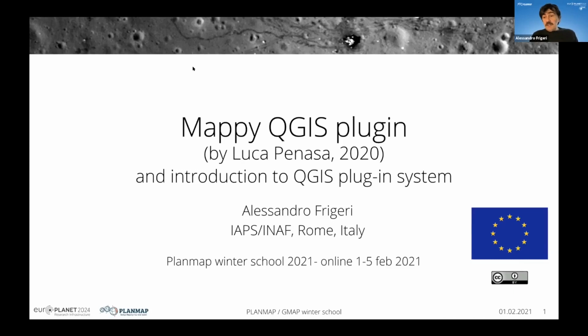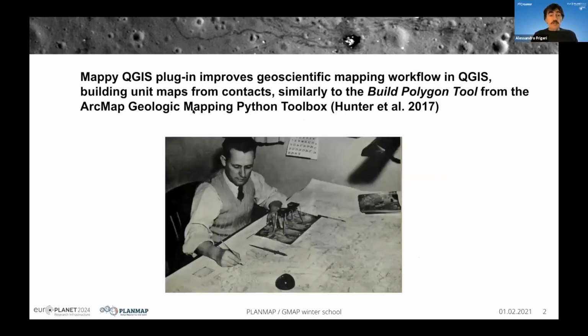Not only in planetary mapping, I would say, because you will see that Mappy is very simple in its functionalities, but it's very important because it brings back the way we do mapping in GIS to the way that we are doing mapping on paper.